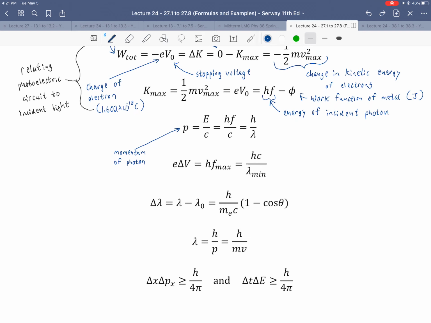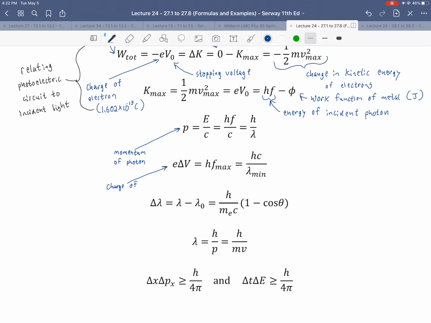Okay? Now this next formula refers to the frequency of light that's emitted when an electron is accelerated. Okay? So here we have the charge of an electron.